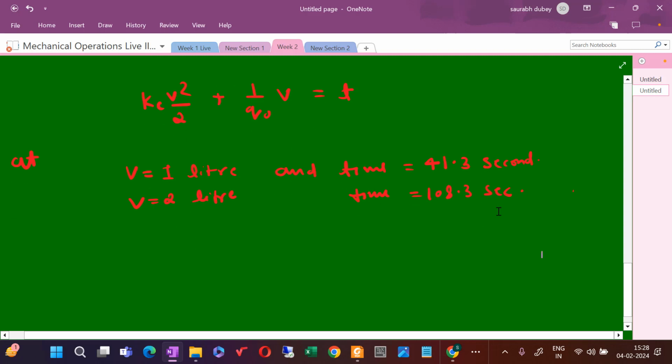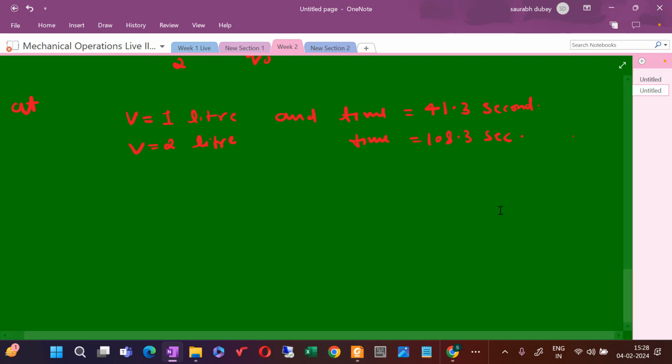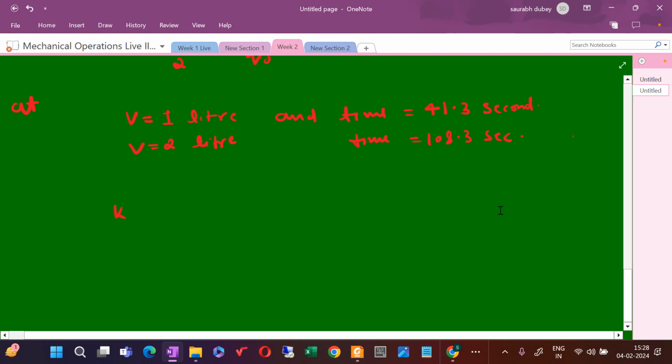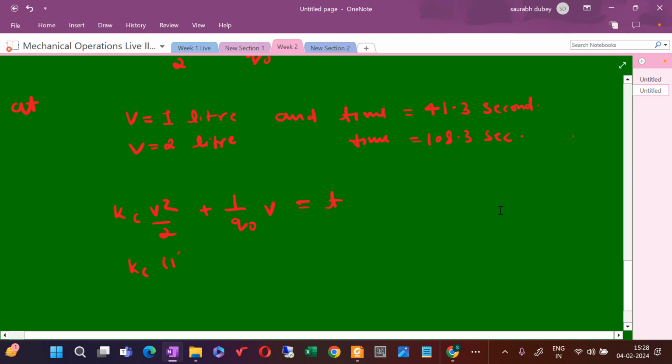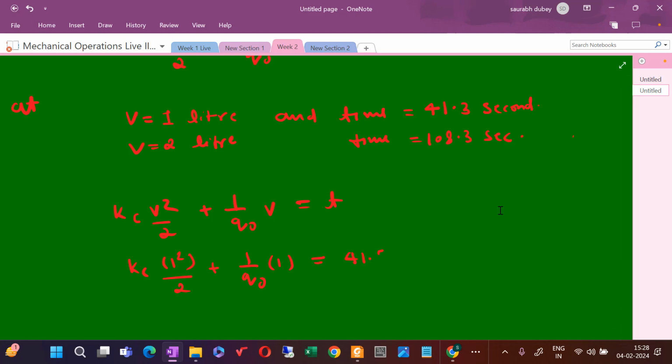So when you substitute these values, for V equals to 1, this equation Kc V square by 2 plus 1 by q0 V equals to T, you will be getting Kc 1 square by 2 plus 1 by q0 into 1 equals to T. T is 41.3.